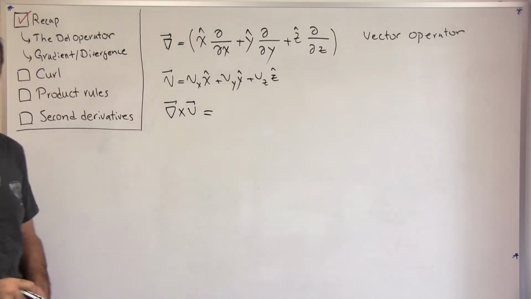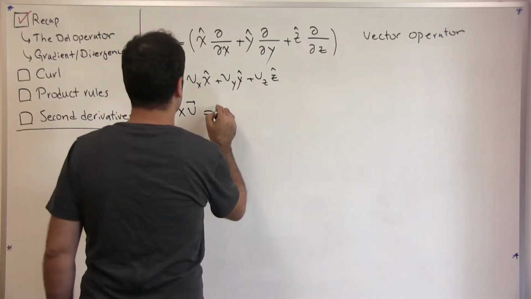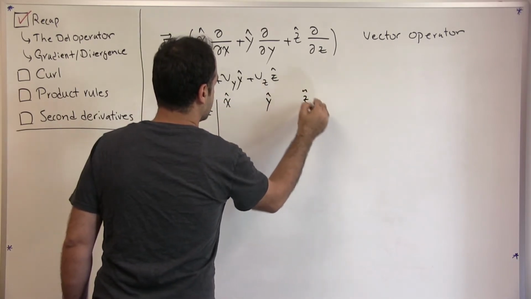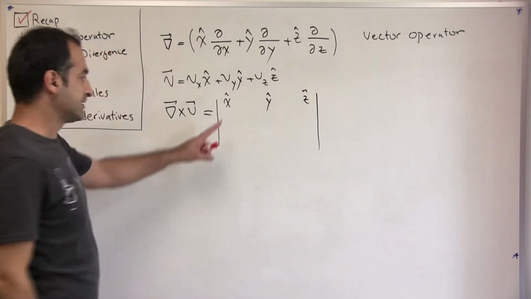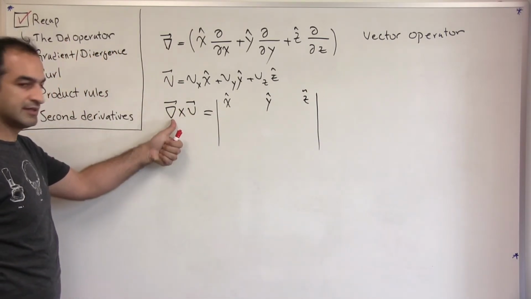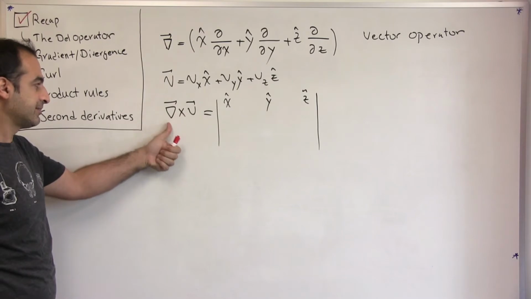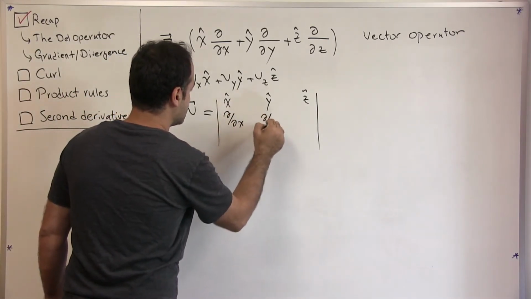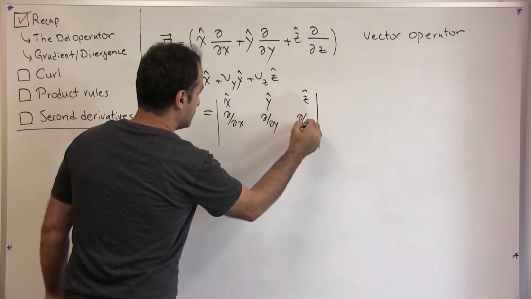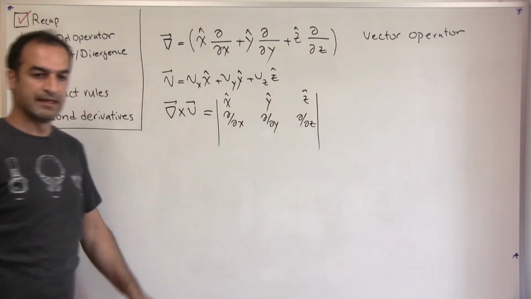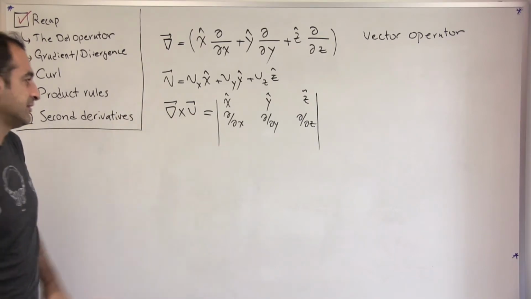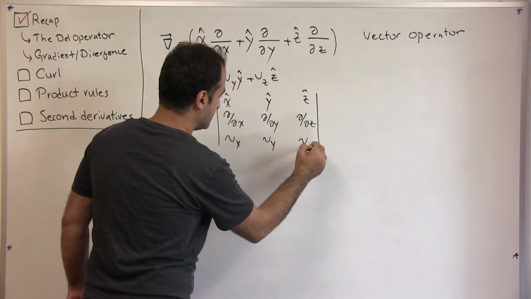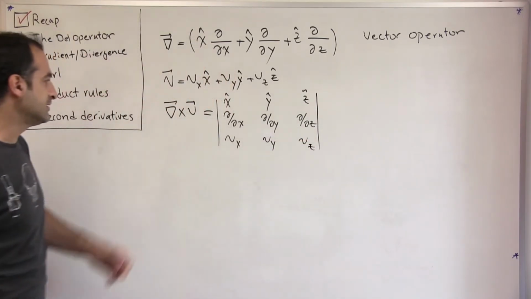And the cross product, if you remember, using the component form, we had x hat, y hat, and z hat in the first line. The second line should be the components of the first vector, which is an operator here, meaning that you get d over dx, d over dy, and d over dz for the second line. The last line are the components of our vector, Vx, Vy, Vz. Okay, so this is the curl.